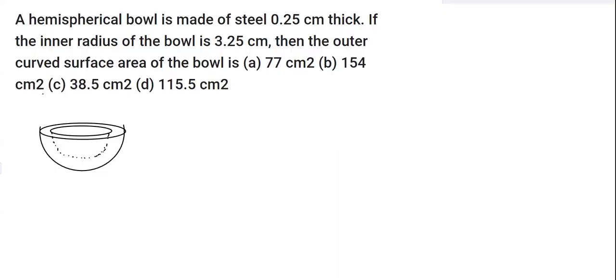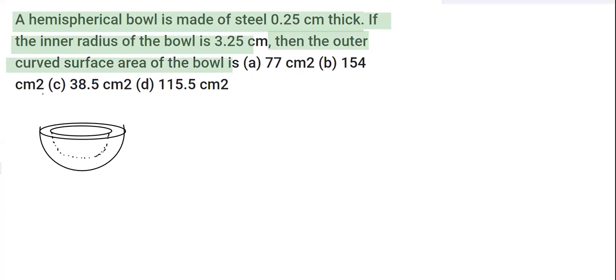In the next part, what we are given is a hemispherical bowl. As you can see, I've drawn the diagram already. It's made up of steel, which is 0.25 centimeter thick. If the inner radius is 3.25 centimeter, then find the outer curved surface area of the bowl. So look into the figure.